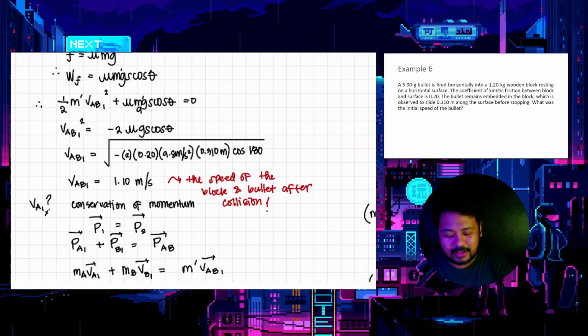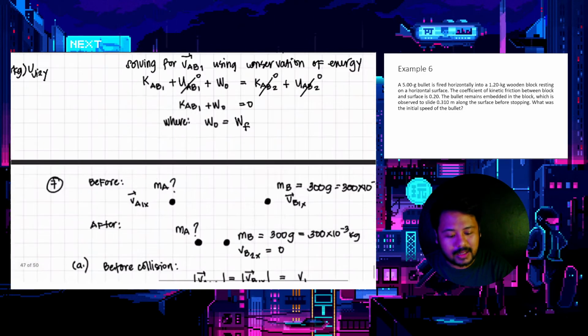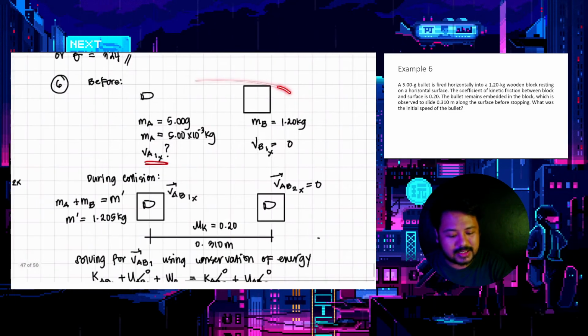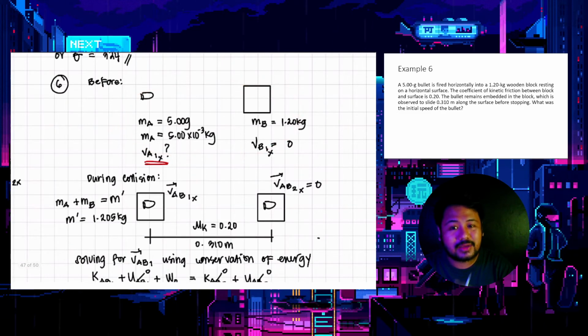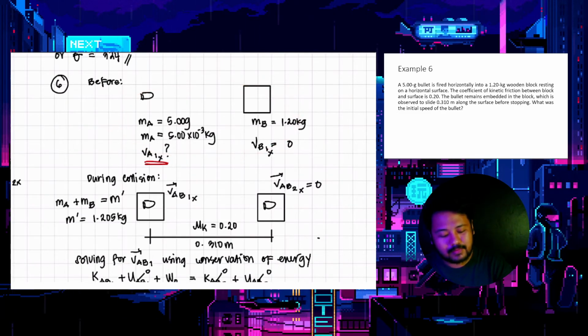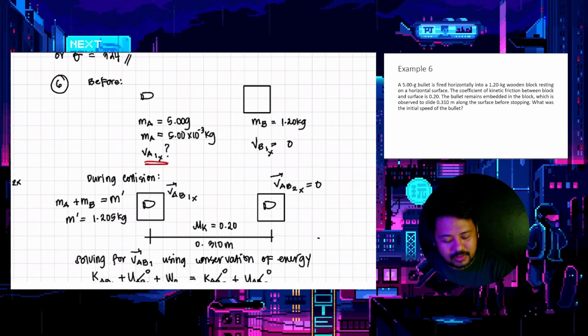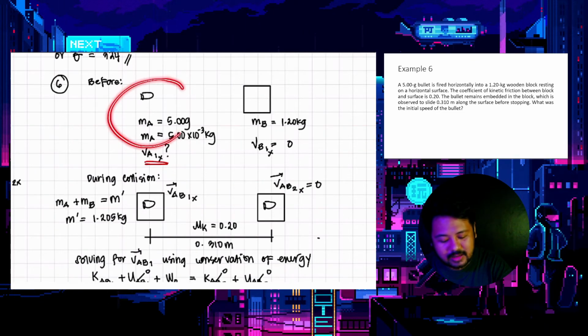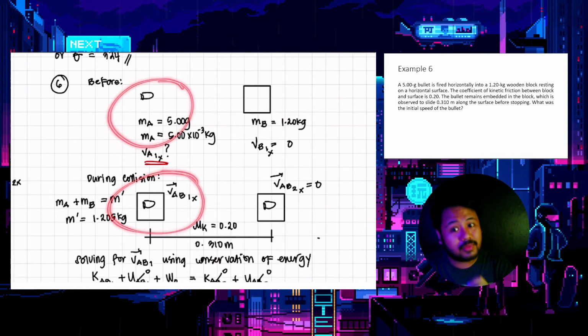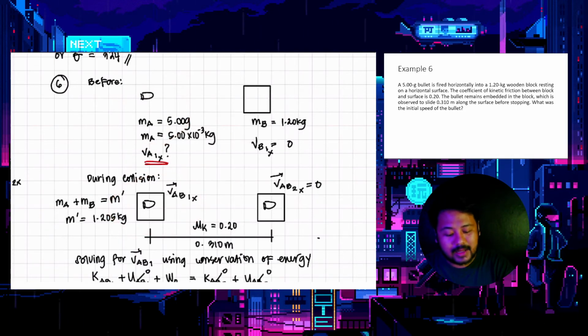And then after that, we could get the initial speed of our bullet. We will go back to this scenario using momentum. I will analyze it from here to here, the moment that it will embed itself.